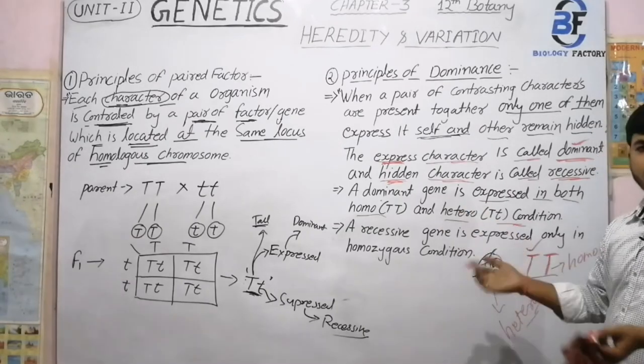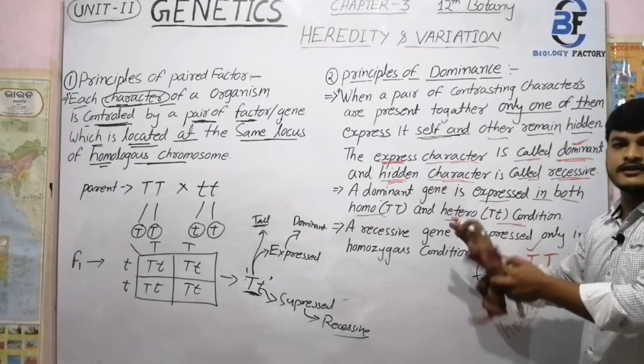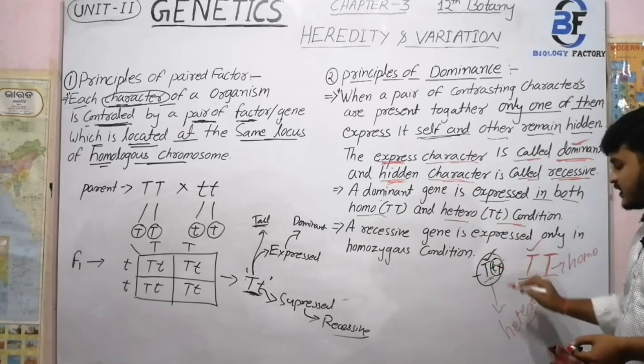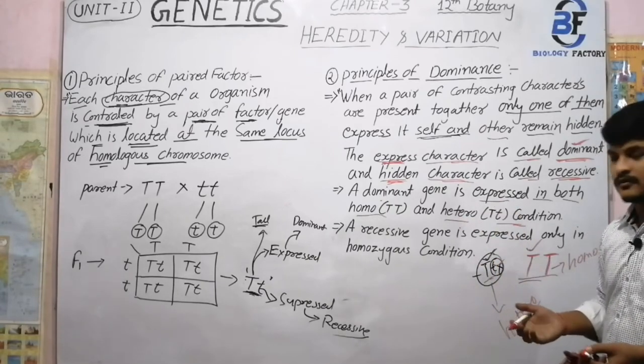So in both conditions the tallness is present. That means the dominant is the expressed character, and the small t, the recessive character, is suppressed.